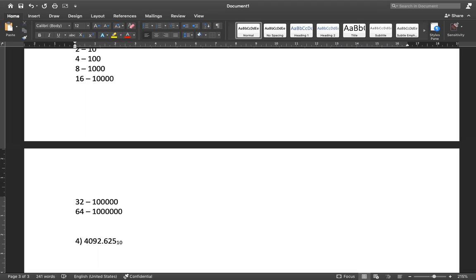Then 128 is 2 to the power 7, 7 zeros. Then 256, 8 zeros. 512, 9 zeros. Then 1024 is 2 to the power 10, 1 and 10 zeros.